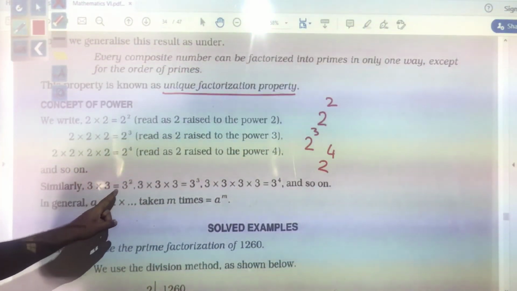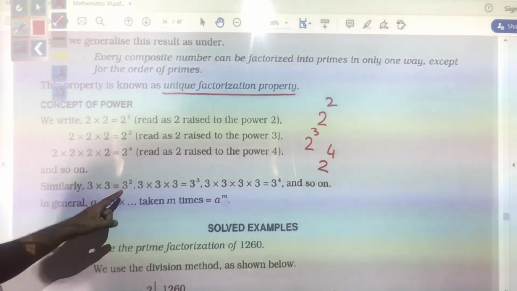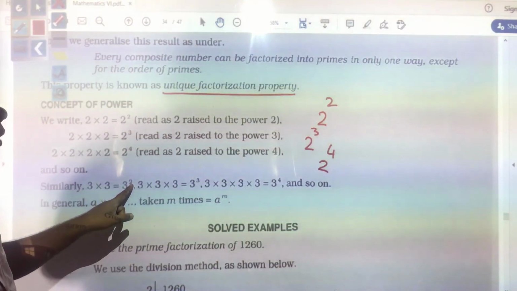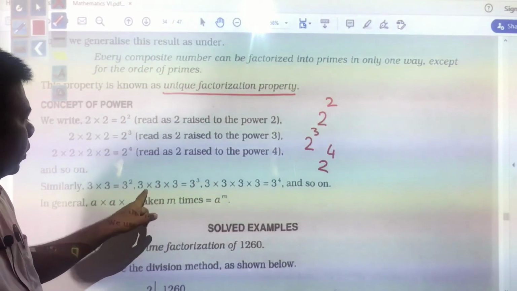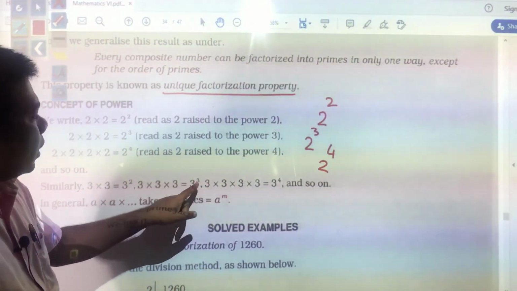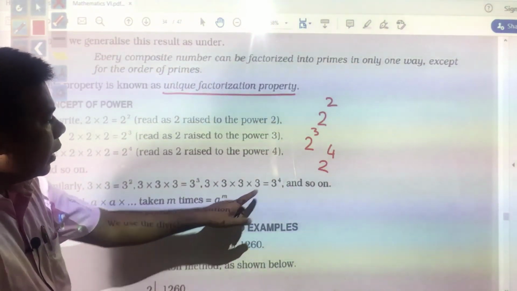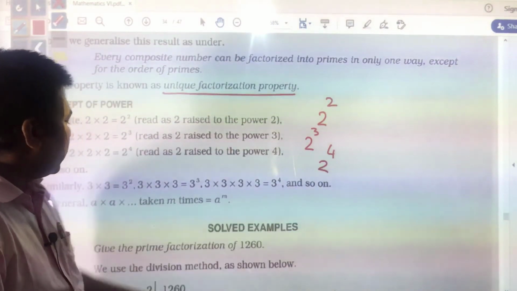Similarly, 3 into 3 is 3 square, or 3 raised to the power 2, and 3 cube is 3 raised to the power 3, 3 raised to the power 4 and so on.